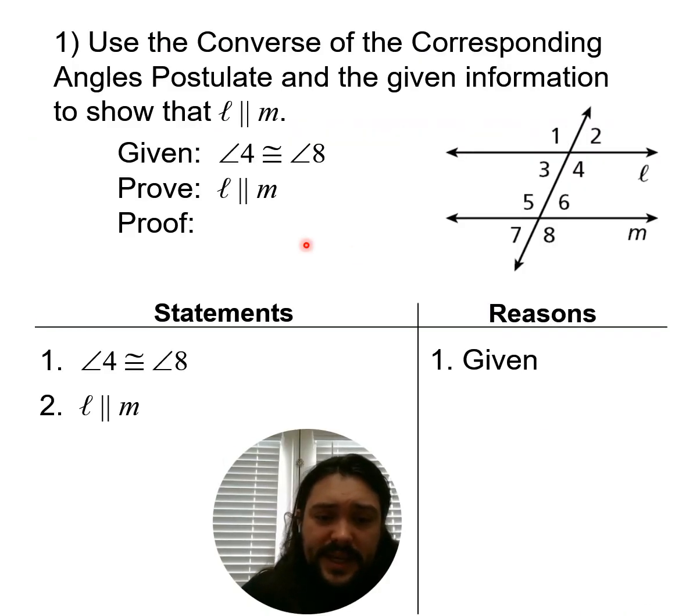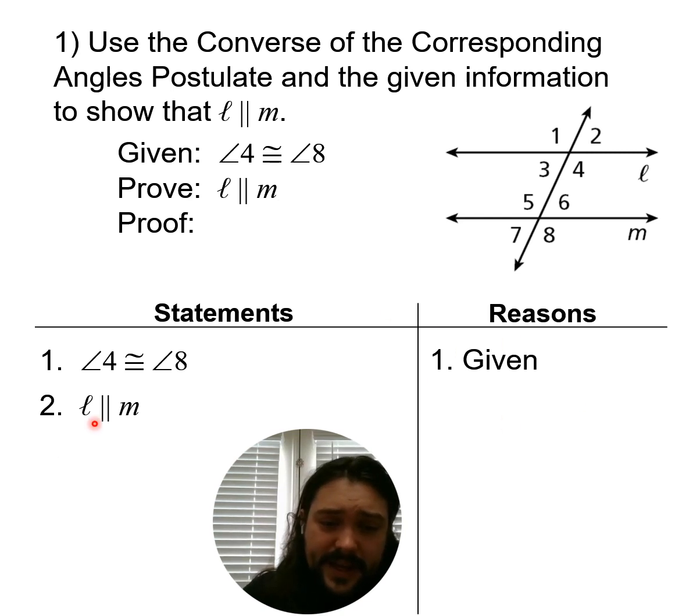So using the converse of the corresponding angles postulate and given information, show that line L is parallel to line M. We're given that angle 4 is congruent to angle 8. So that's something that is known to us. Say somebody measured it and it happened to be congruent. The angles were equal. So we know that.